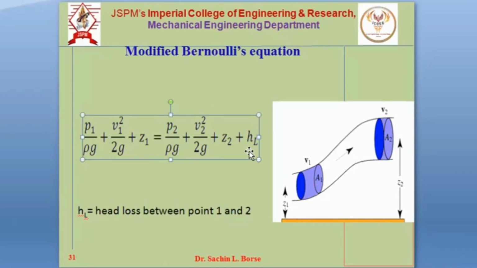Which side do we add the head loss? One is upstream and two is what? Downstream. So on the downstream side we have to add the head loss. Then it becomes the modified Bernoulli's equation, and we use this.